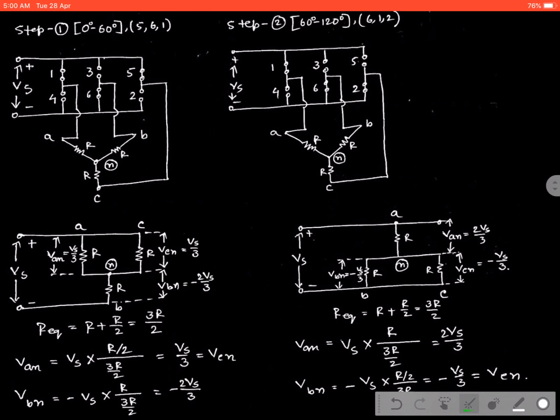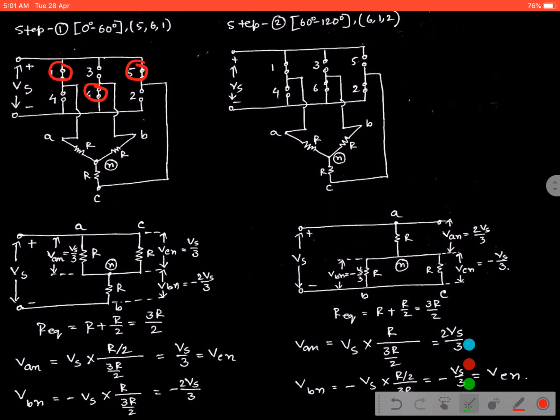Now see, in the first case, step 1, when the switches 5, 6, 1 become on, then what happens? When the switches are in the on state, the current can easily flow to the star-connected load.